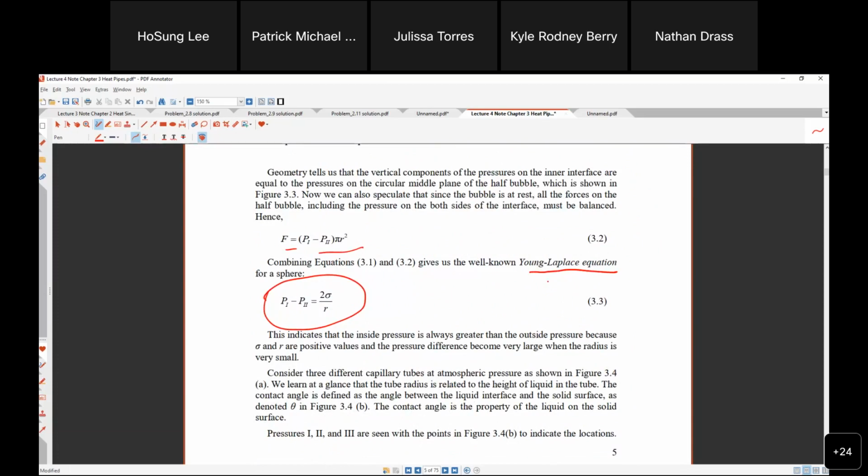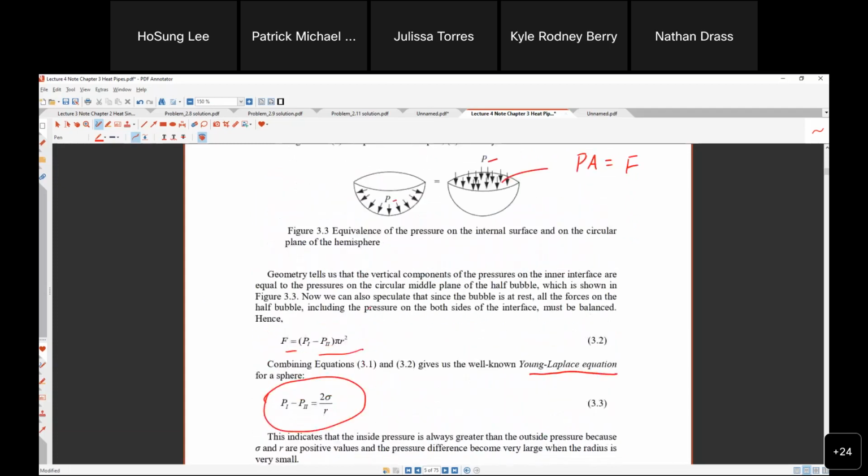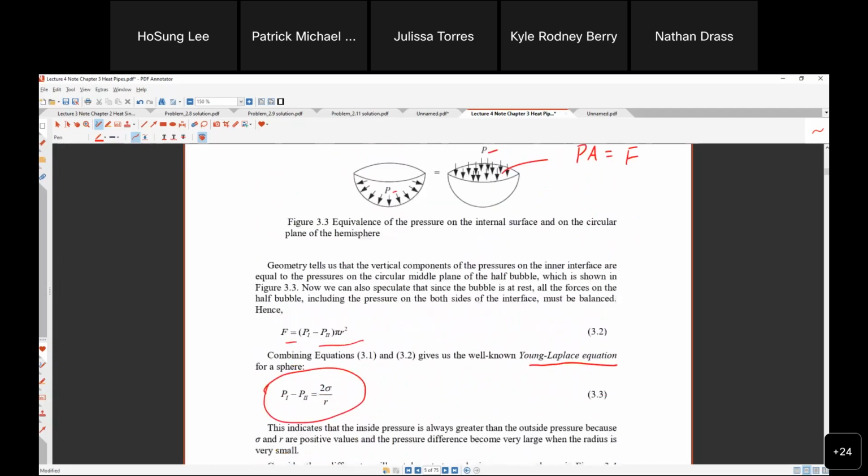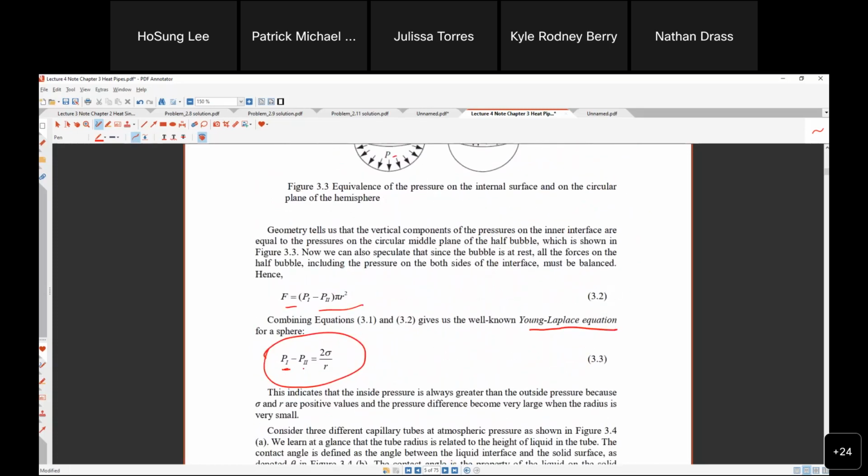That's very interesting. This is true. P1, P2. P1 is inside. P2 is outside. So always the pressure inside is higher than outside because of tension. So inside is higher. How much higher? 2 sigma over r.